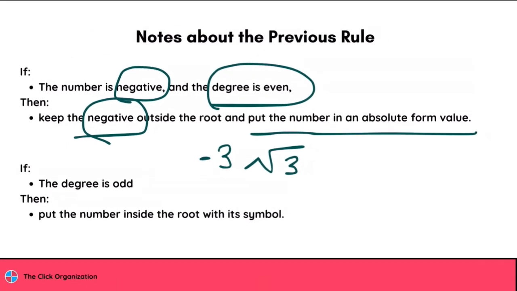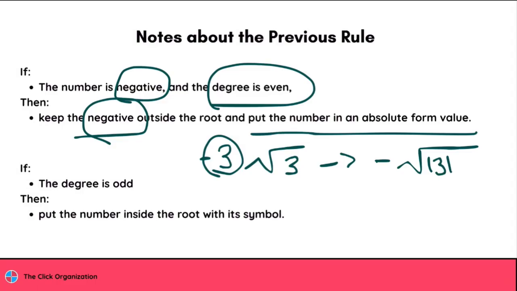I am going to keep the negative sign outside the root and then put my coefficient in an absolute value inside the root. So it's going to be the second root of the absolute value of 3 times 3, as the second 3 is my radicand.